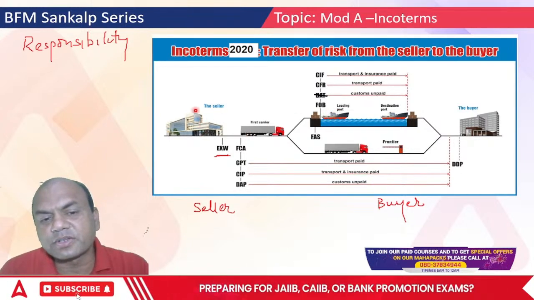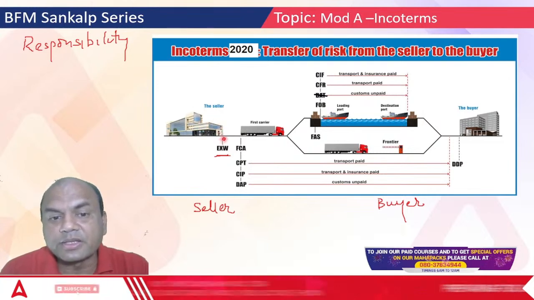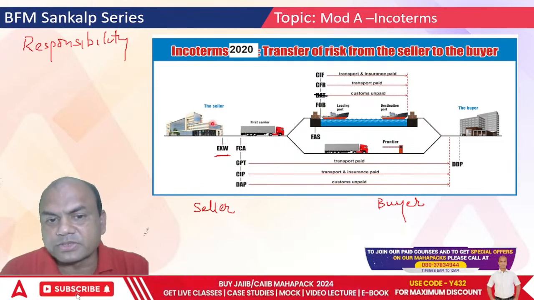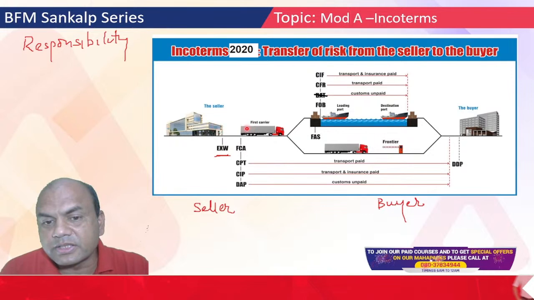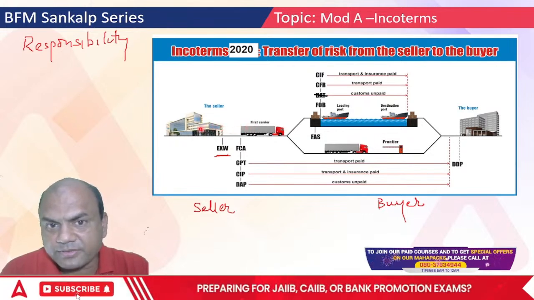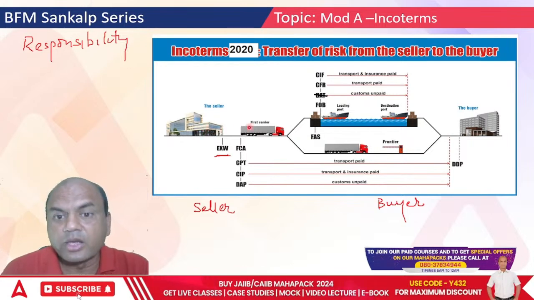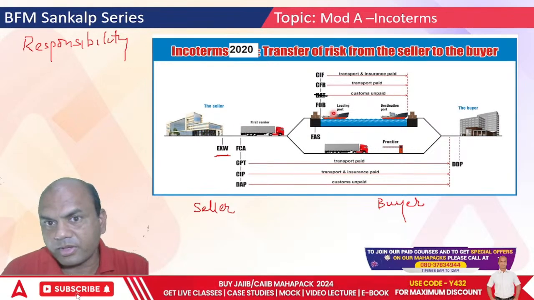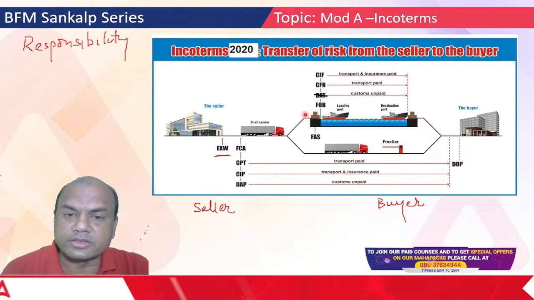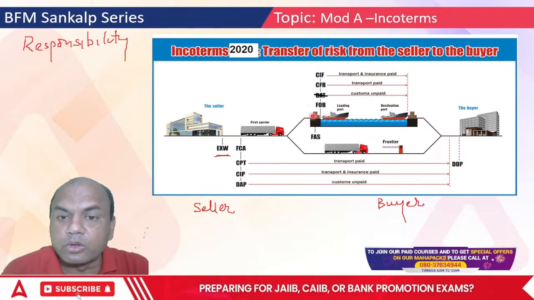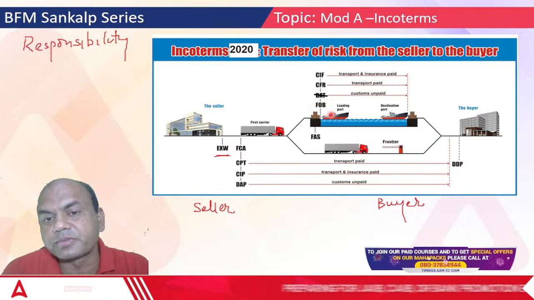So the seller will say, okay. In that case, what will happen? The seller will manufacture these goods, take them in a truck from his place up to the port, and load these goods onto the ship.